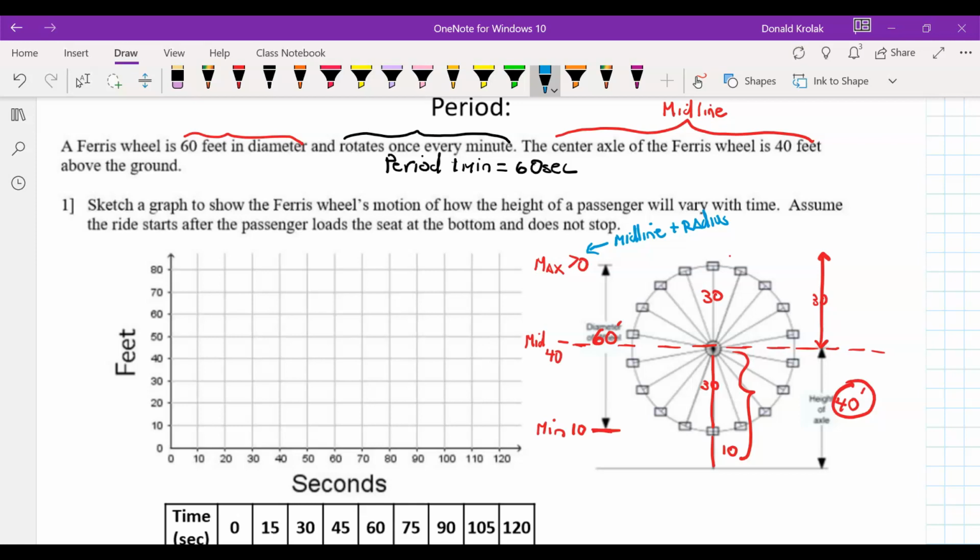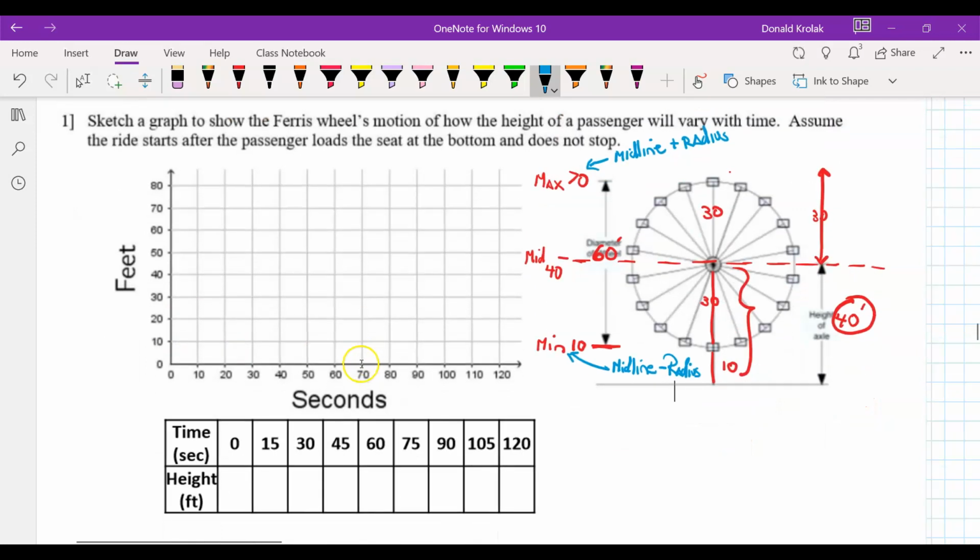And then the min is the midline minus the radius. So that's how you get all the numbers that you need.